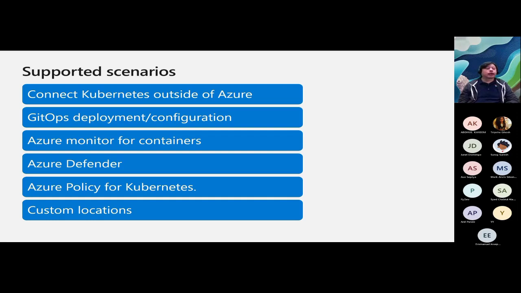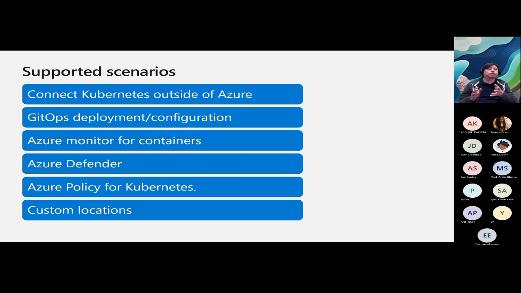And here I have some supported scenarios. I didn't bring all of them, but here are the most important ones. First of all, you can connect Kubernetes that are outside of Azure.